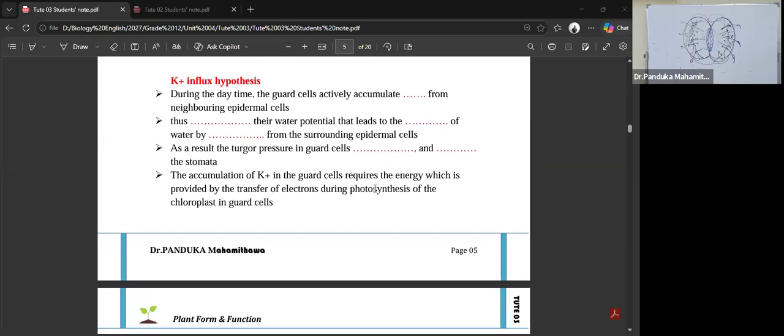As a result, turgor pressure in the guard cells increases, and the stomata open.